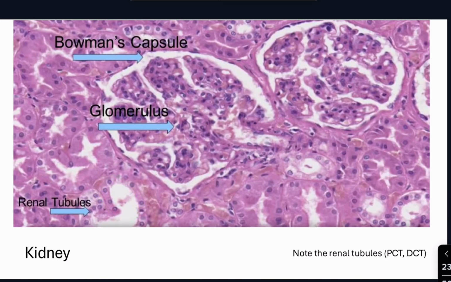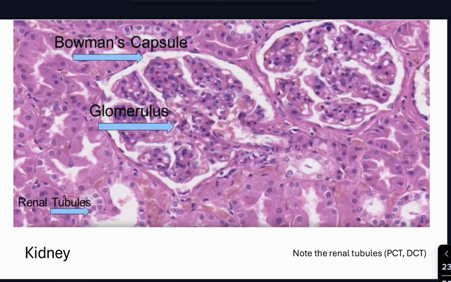So the tubular region of the nephron, we know, is composed of the proximal convoluted tubule, the thick and thin segments of the nephron loop, the loop of Henle, and the distal convoluted tubule. The PCT, the proximal convoluted tubule, is the longest and most convoluted segment.